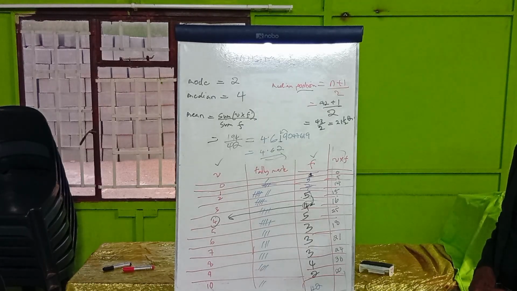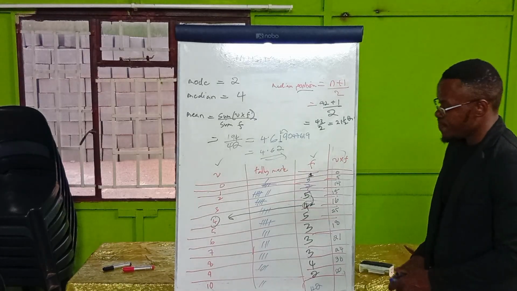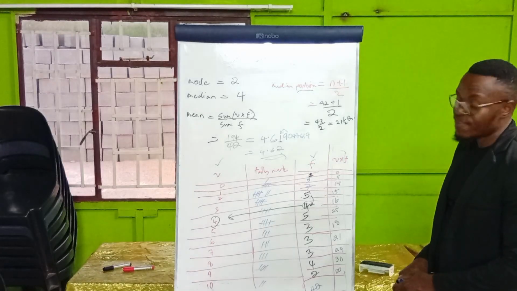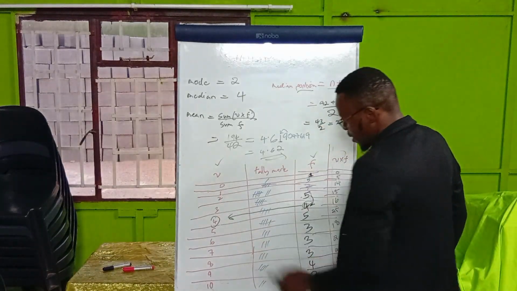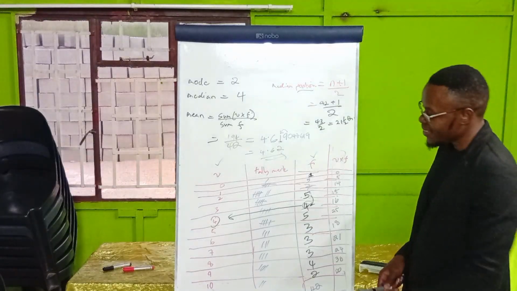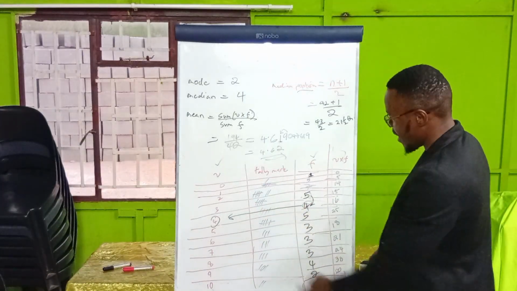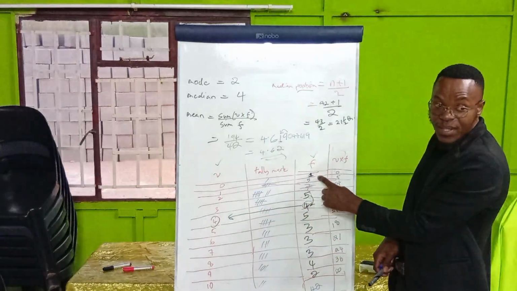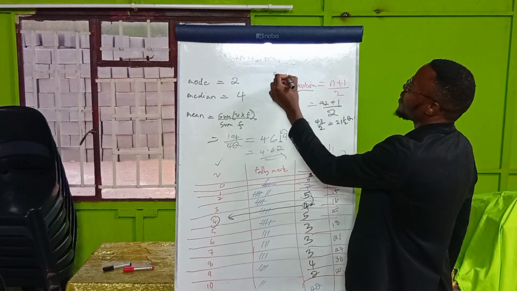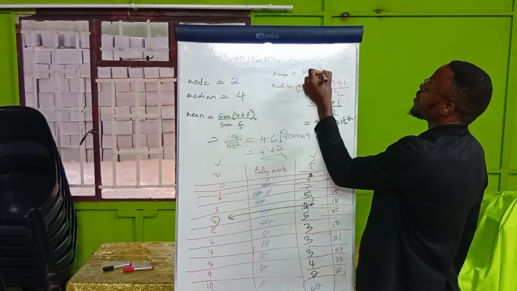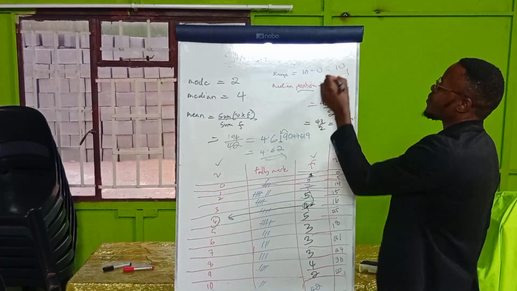Remember the range is the highest value minus the lowest value. 10 minus 0. Yes, we still consider 0 as part of the data, so you can't just say because it's 0 it's nothing. It's because we do have a value for the frequency. So we should consider that. So the range will definitely be 10.